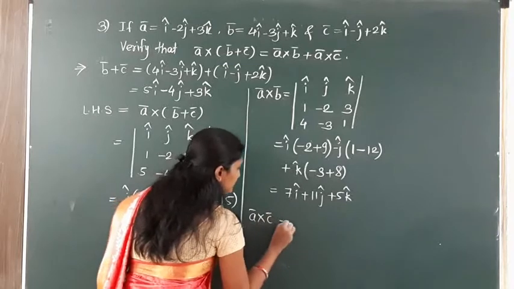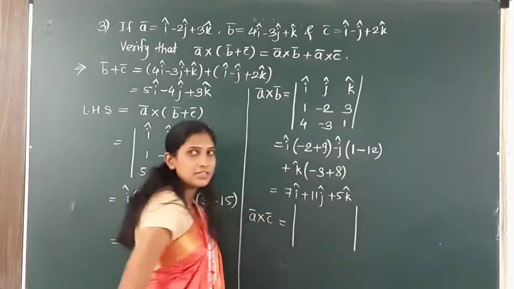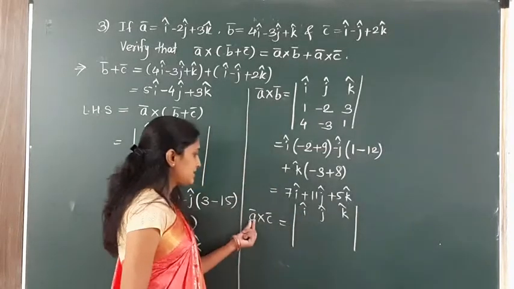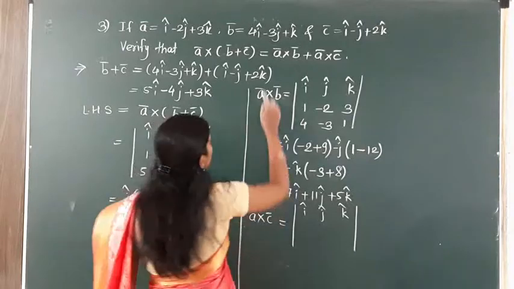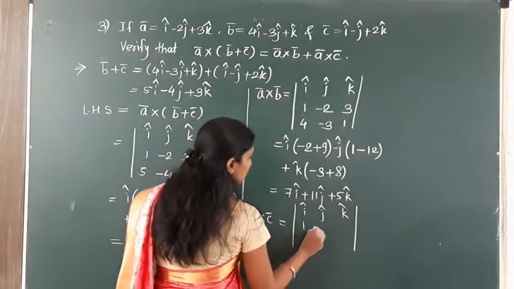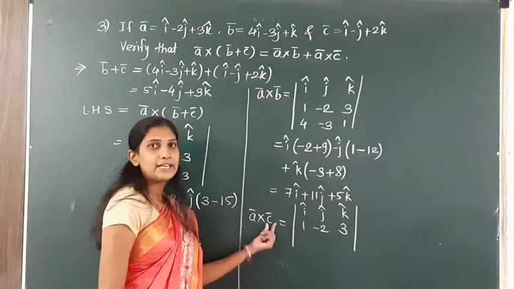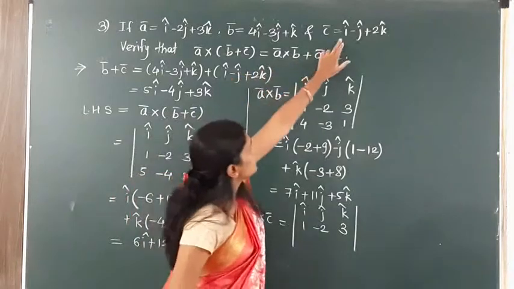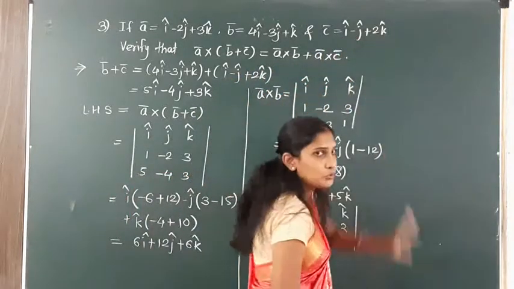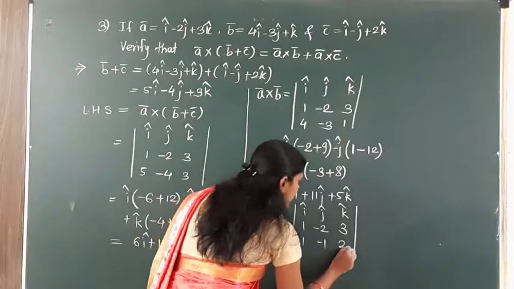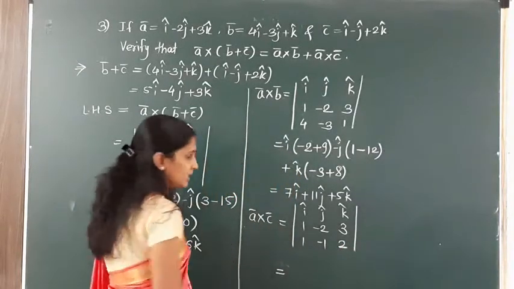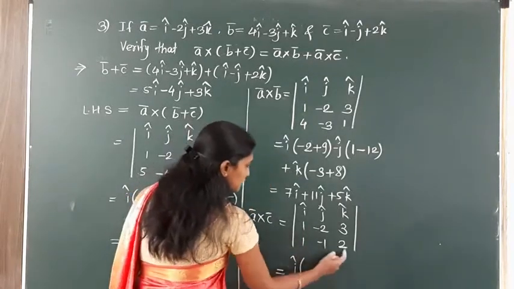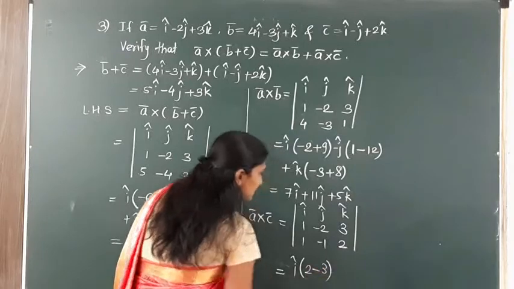a bar cross c bar is equal to the determinant. The first row is i cap, j cap, k cap. The second row is of a bar, which is 1, minus 2, 3. The third row is of c bar, which is 1, minus 1 and 2. Now expand this. So we get i cap into bracket 1 into 2, that is 2 minus 3.